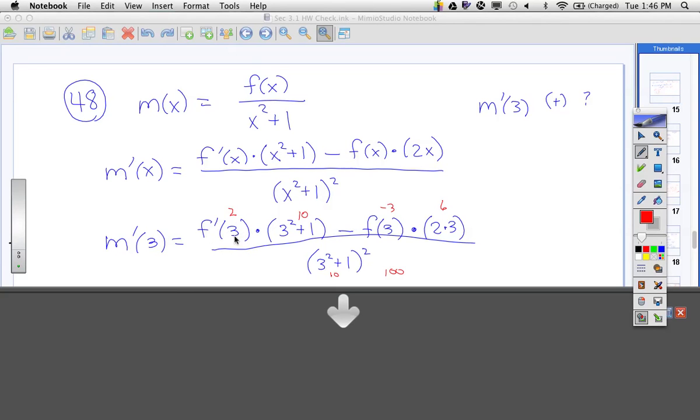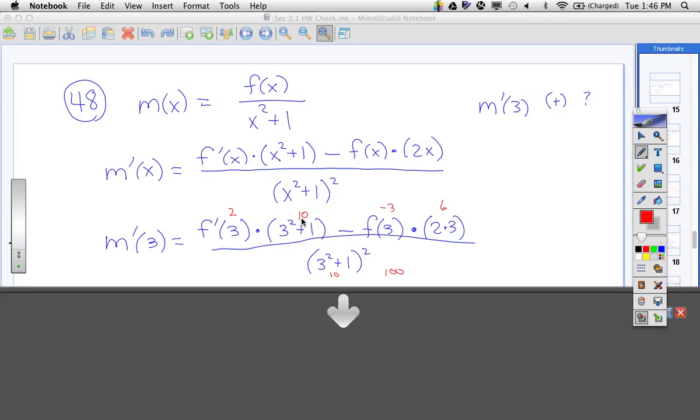In the other class, this morning actually, before school, we did the slope at 3; we thought it was about 2 on the f graph. This turns out to be 10. F of 3 looks like it's negative 3 on the f graph. 2 times 3 is 6.